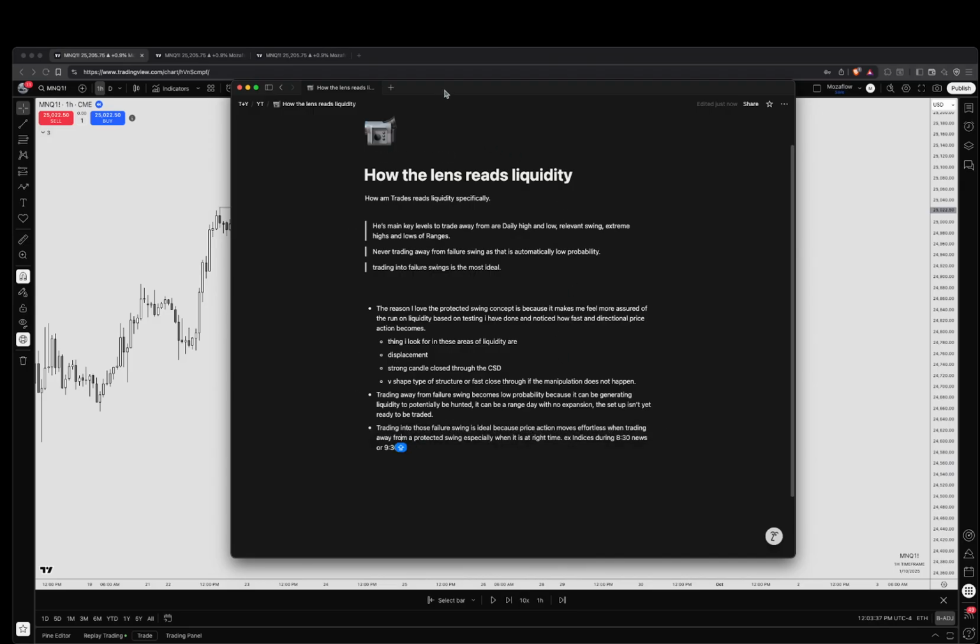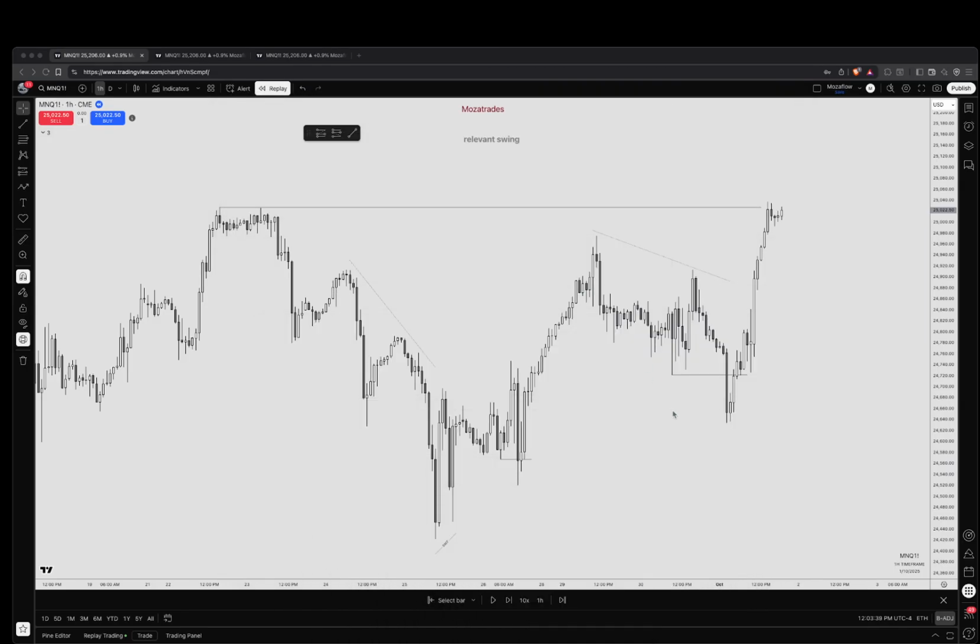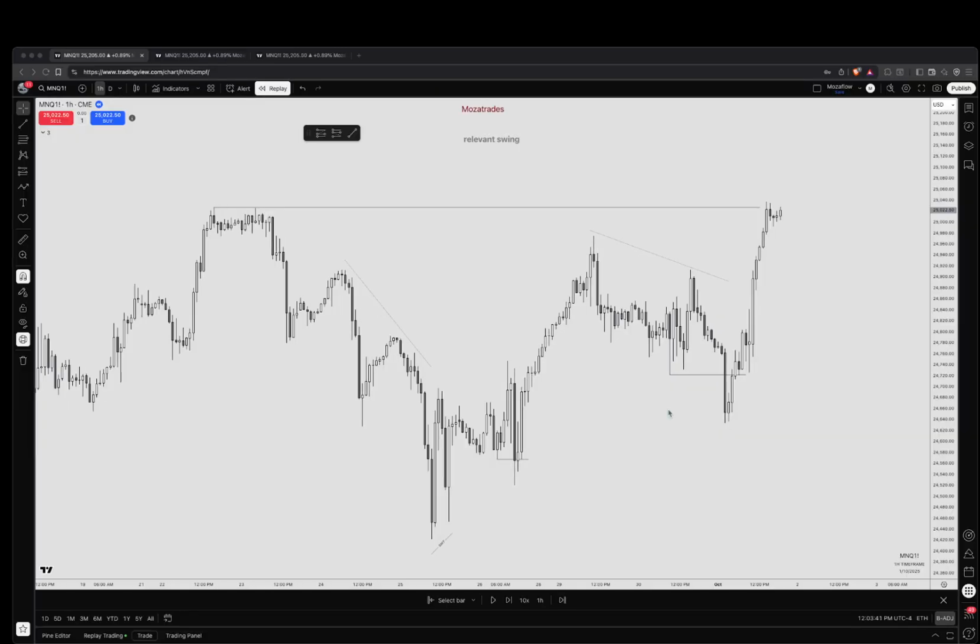I got a few examples here. This one specifically, it's about protected swings. So this looks very familiar. It's the MMX. I don't know, from original consolidation or sell side, I think, and buy side.